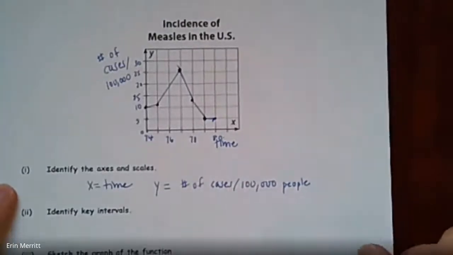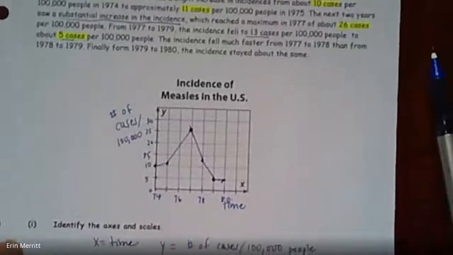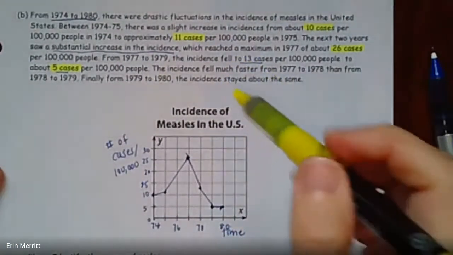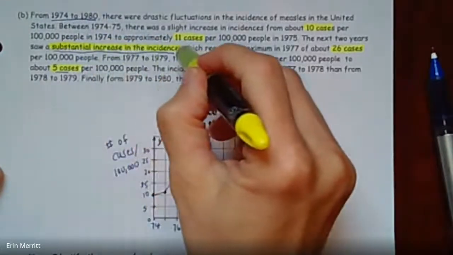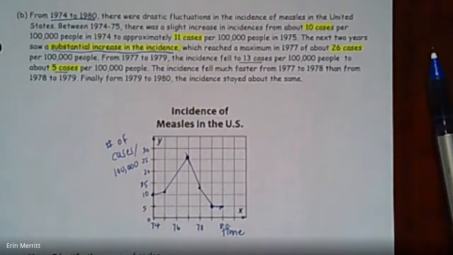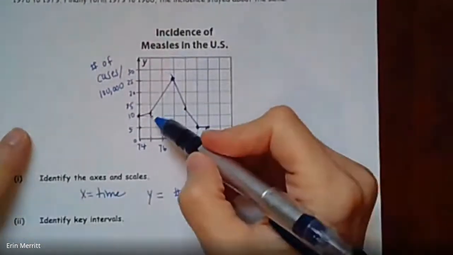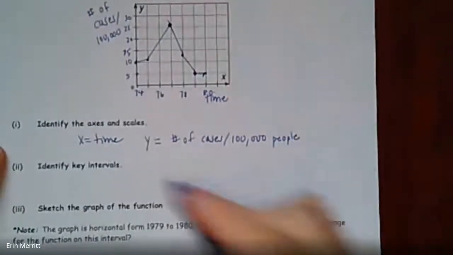When it says identify the key intervals, to me, and again, I'm not trying to be alarmist, but since it's talking about measles and that's kind of a big deal, since it saw a substantial increase in incidence where it reached that max in 1977, I would say where I would be concerned would be between 1975 and 1977 when we saw that big jump. Right?